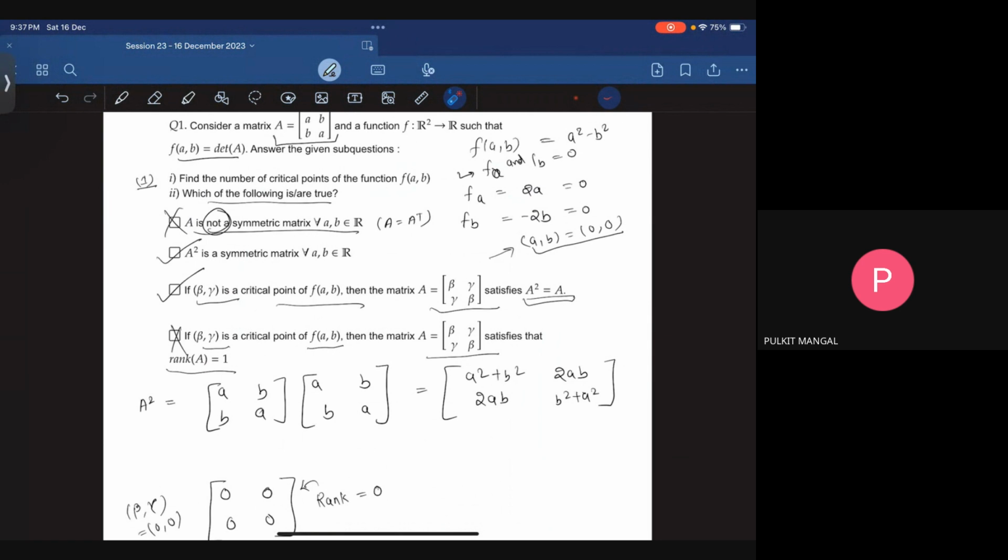Any other doubt? From tomorrow, the revision sessions are starting, right? For maths 2. From tomorrow onwards, the revision session by instructor for maths 2 is starting.